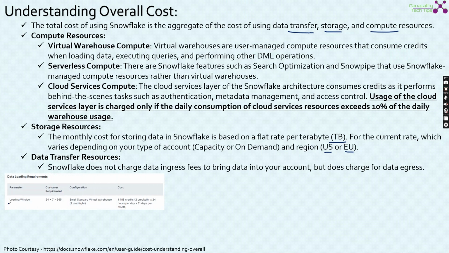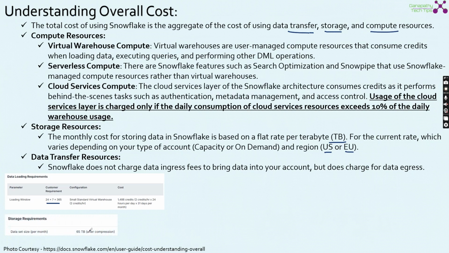Now you see this, simply we can understand how the total cost works. Here the data loading requirements, say if you are loading the data for all 24/7/365 days, you are utilizing a small standard virtual warehouse, you will be consuming 1488 credits. How the credit calculation works is mentioned within the bracket.